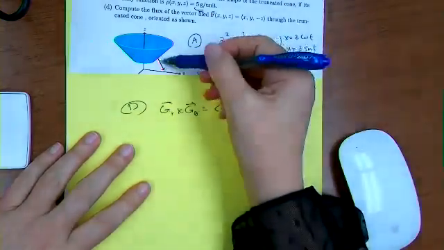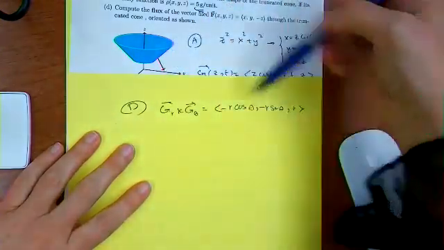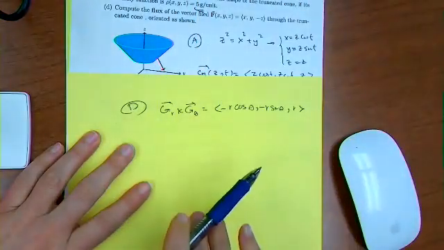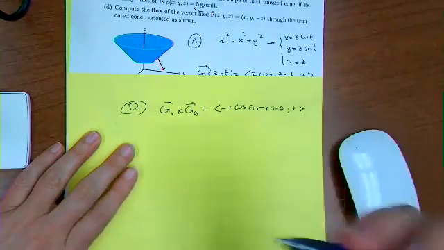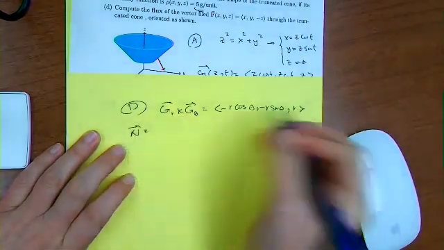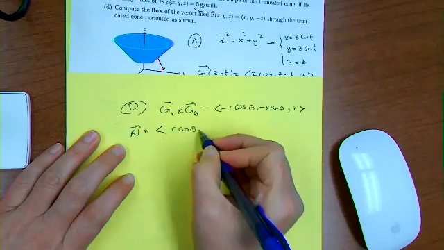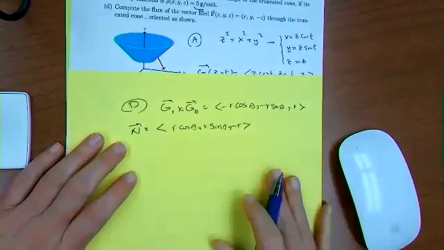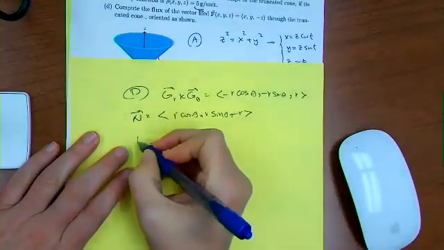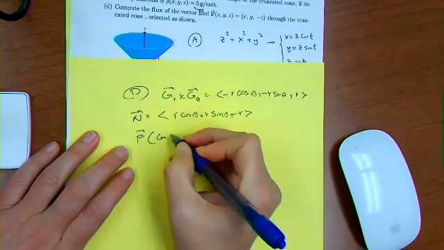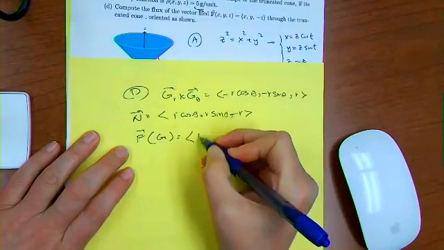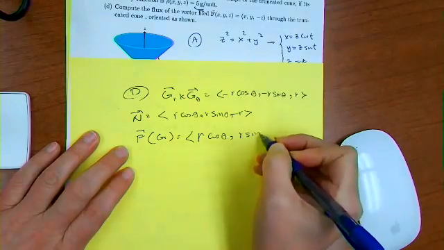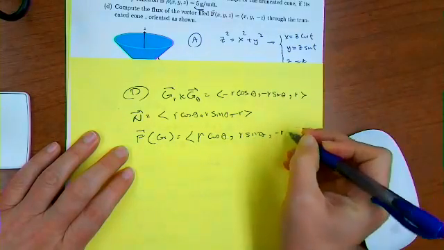The direction r z is negative, it's going downward somehow, and x and y are positive for this vector. So I have to find n, I have to multiply this by a negative sign. And that's it. And then F of G, which is going to be r cosine theta, r sine theta, and negative r.